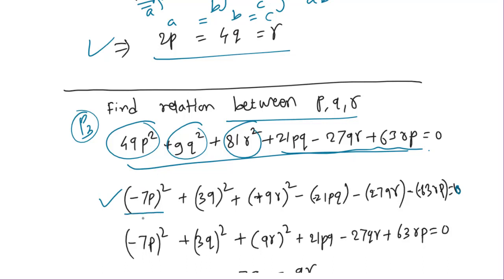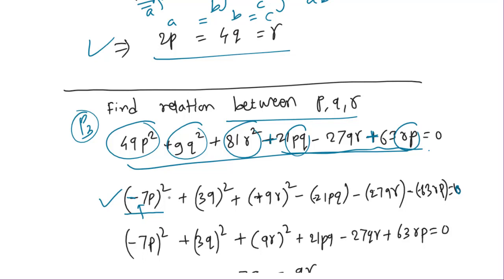And the reason why we have taken minus 7 here is because there is this plus sign over here, okay, in the products. Normally in the formula we should have minus minus. And that's why to make it plus we have to take minus over here. Because in this pq and rp, the common term is p, and we have to make it positive. That's why we have to make it negative over here, because negative negative will become positive.